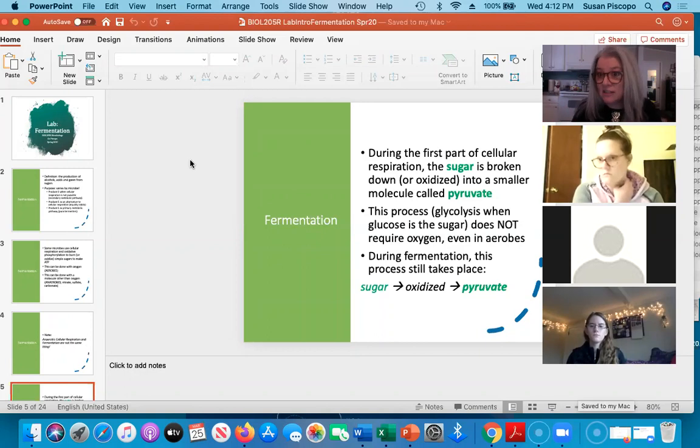That glycolysis type of reaction still occurs even though we're in fermentation. So whether it's cellular respiration or fermentation, that sugar is being broken down or oxidized into this molecule called pyruvate.